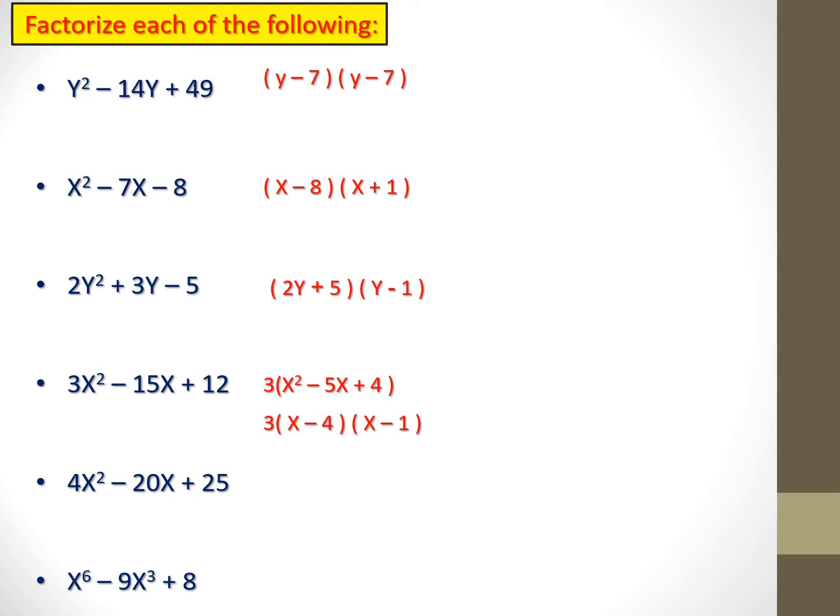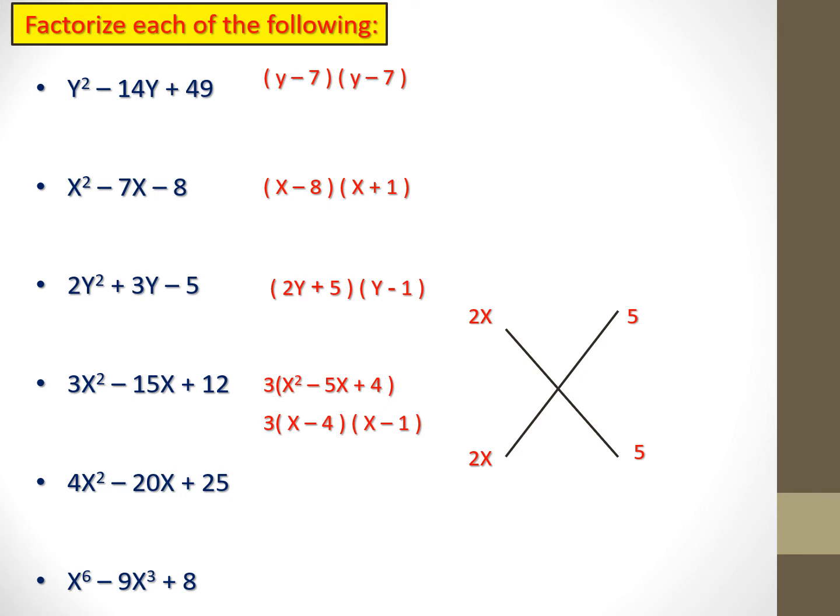Next, 4x power 2 minus 20x plus 25. We can use the cross to factorize it. The left hand side will be 2x times 2x. 25 equals 5 times 5.